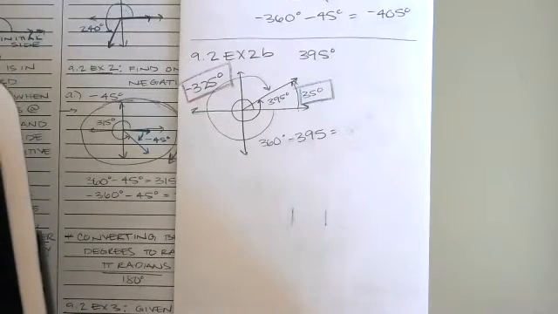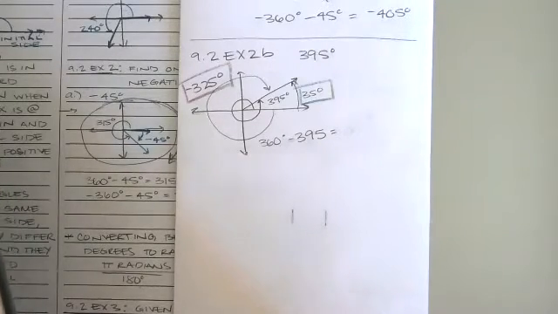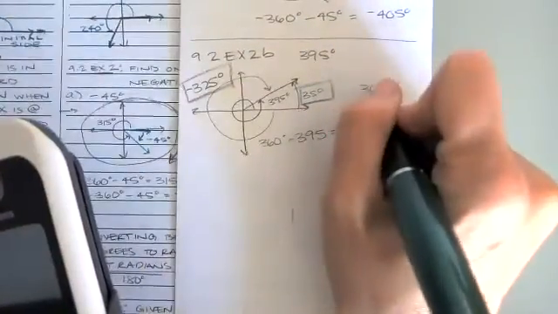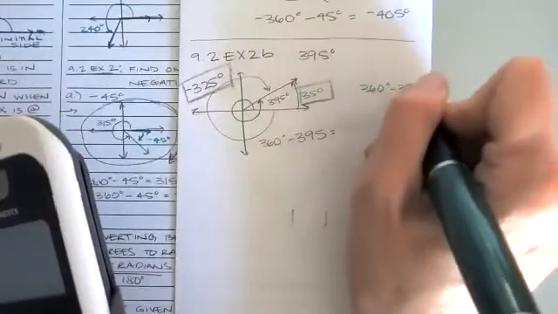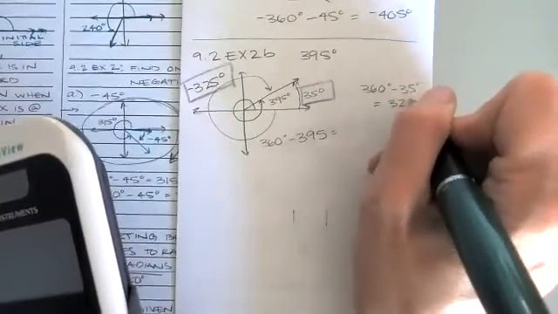That is a great question. Why do I just take that for granted? So 360 minus 35. If we say 360 degrees minus 35, that does get us 325 degrees.